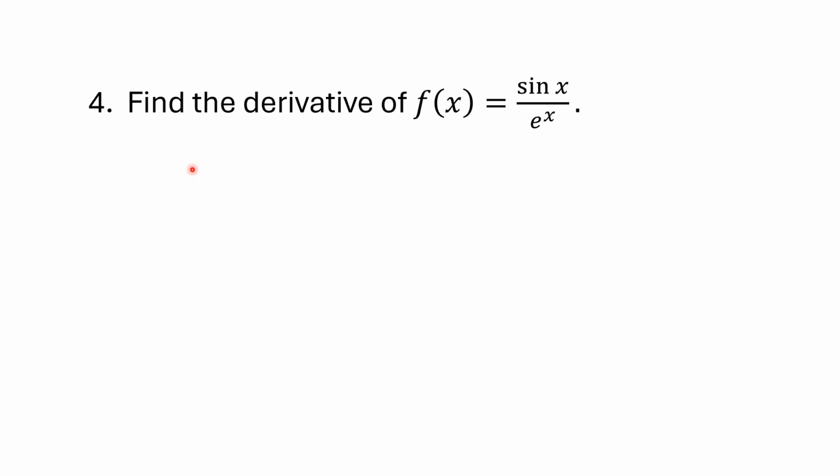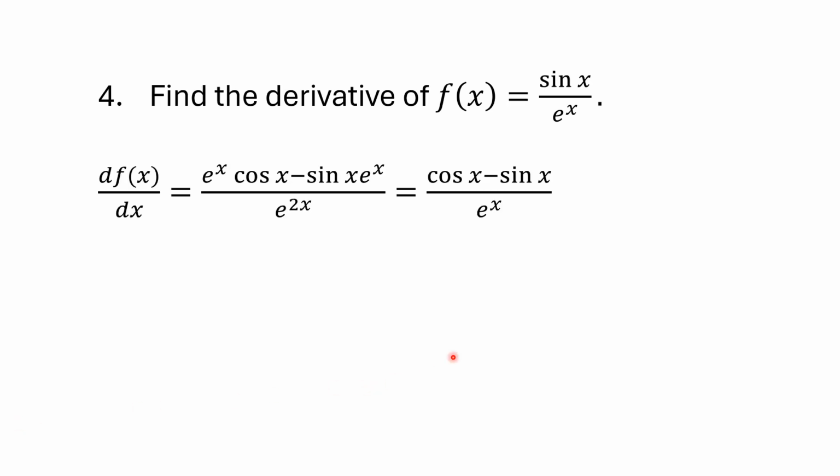Now we're going to have the quotient rule. Find the derivative of f of x equals sine x over e to the x. We're also running into a trig function. Things are going to come together.